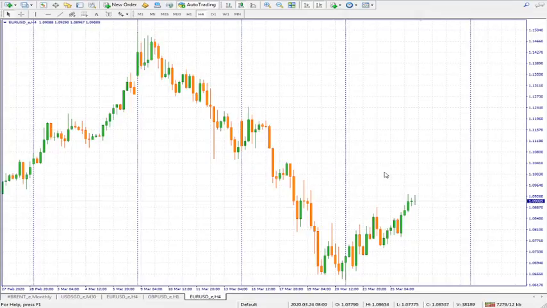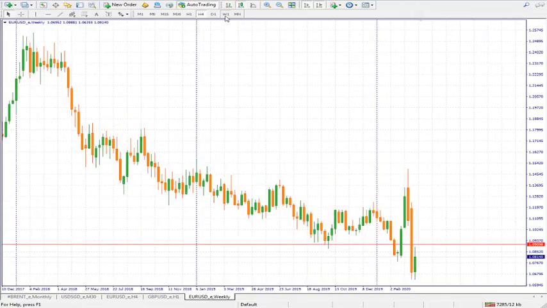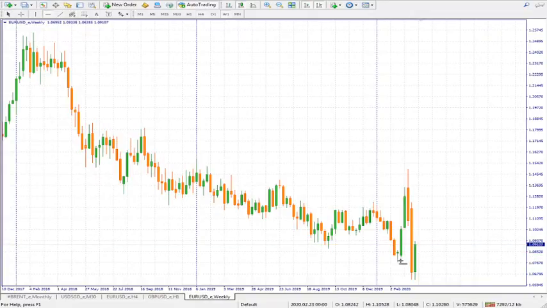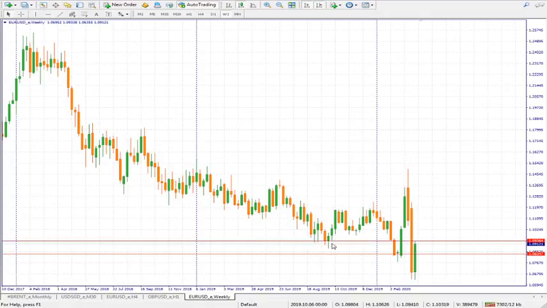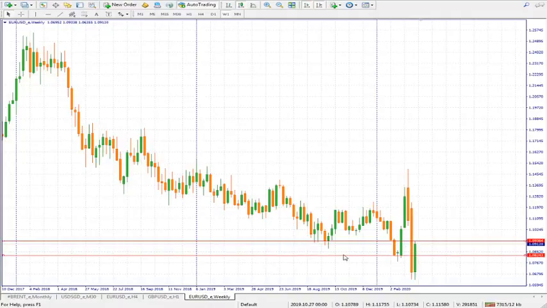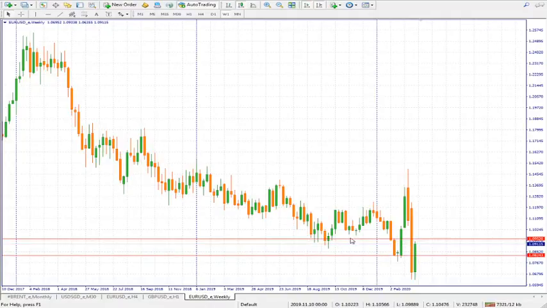The reason I'm still reluctant to buy it is because on the weekly we actually had a level here. This is a very good zone. If we are to trade anything, then it should be this one. You're supposed to be looking for a sell on Euro USD.